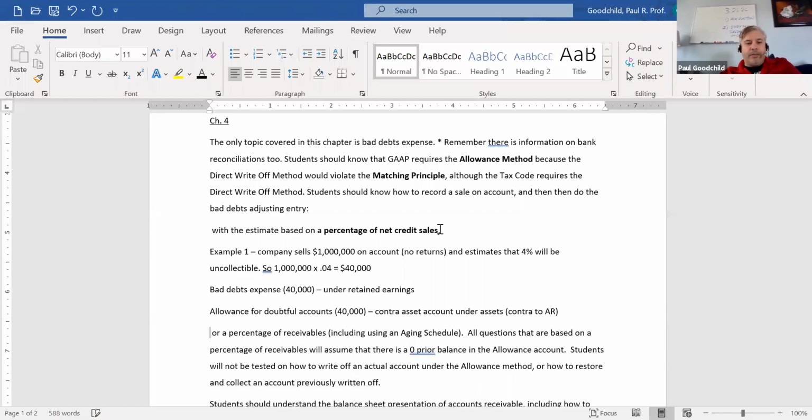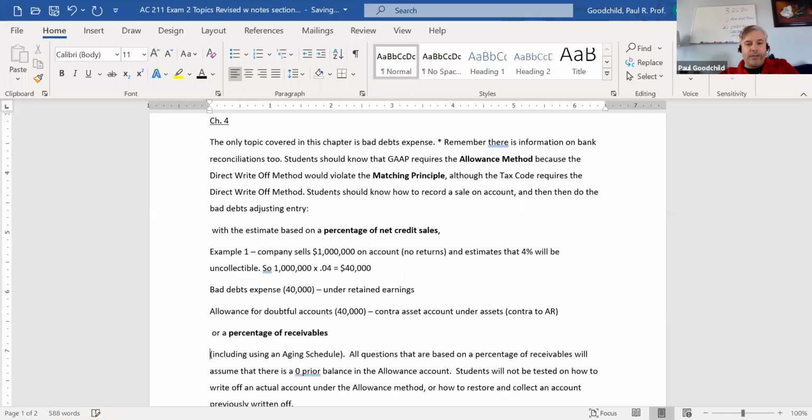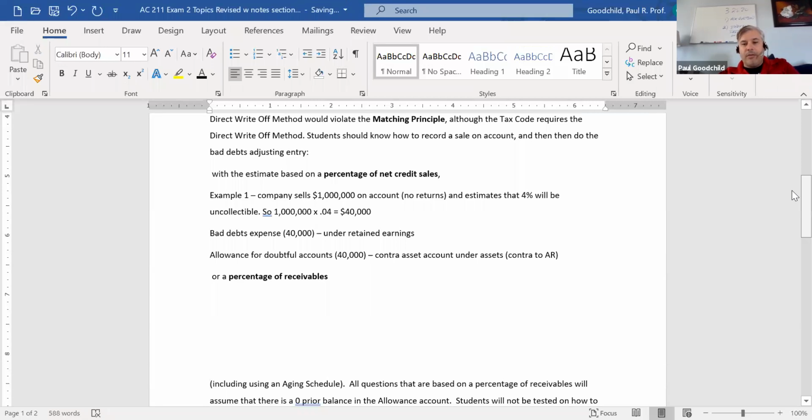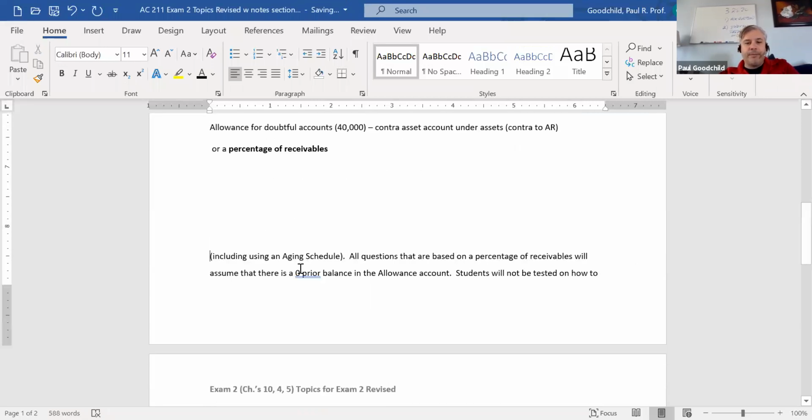And then the second method is as a percentage of receivables. And we'll jump into the aging schedule in a second. Now, there's a little note here. All questions are based on a percentage of receivables. Assume a zero prior balance.